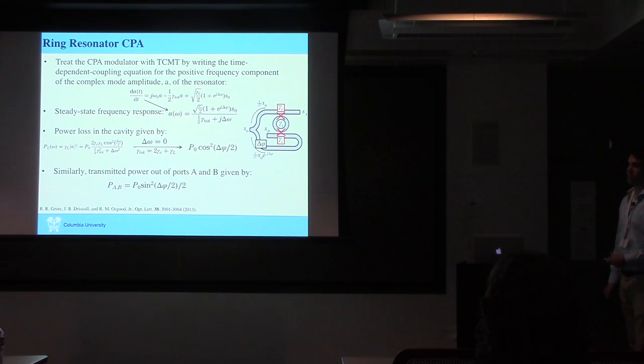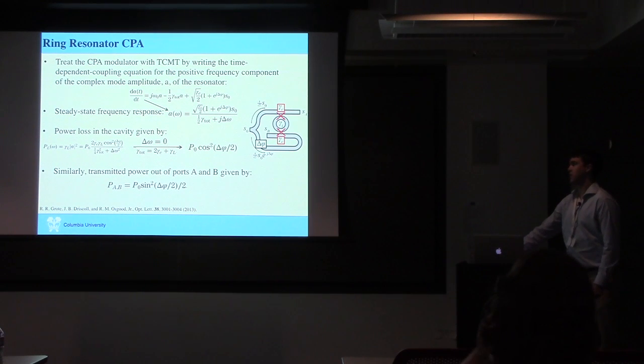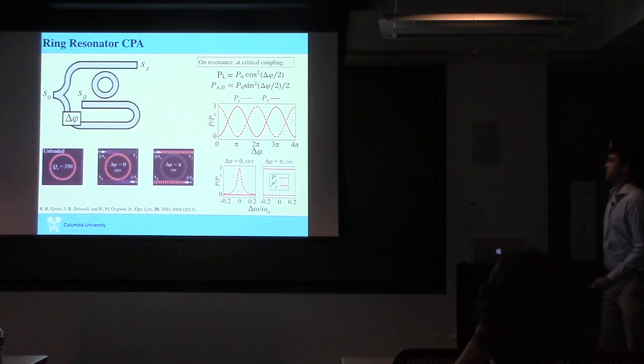The second is critical coupling. So the coupling loss rate has to be perfectly matched to the internal loss rate of the resonator. If they're not perfectly critically coupled, it won't go to 0 and it won't go to 1. We know cosine squared has a 0 and it also has a 1, so it can vary between the input power and 0. So you can see that here.